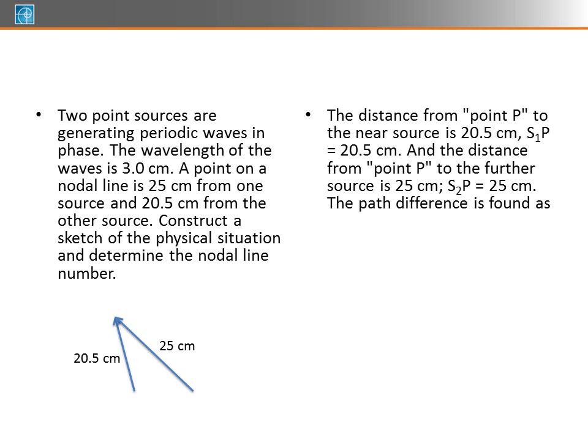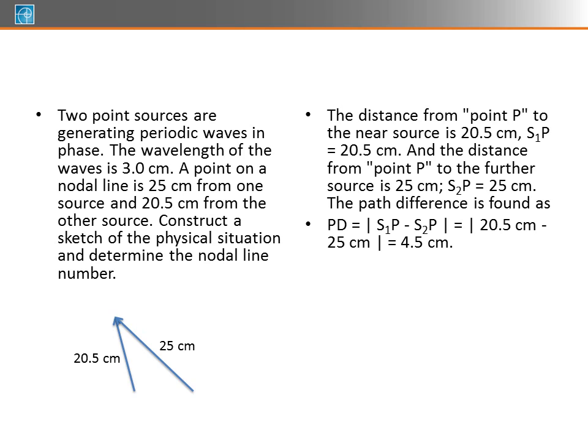Again, the difference between the two is going to be my path length difference. So my path difference is |SP1 - SP2|, my first path length minus my second path length, and I get a total difference of 4.5 centimeters. I used absolute values because I don't know which one's on the right and which one's on the left.